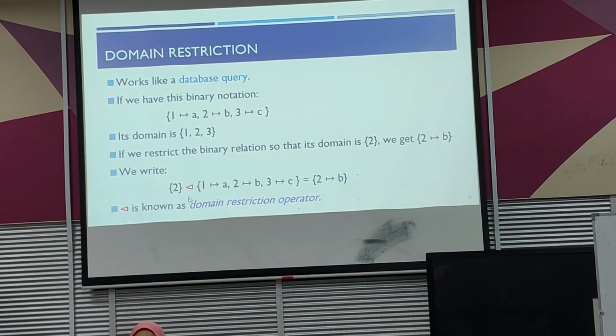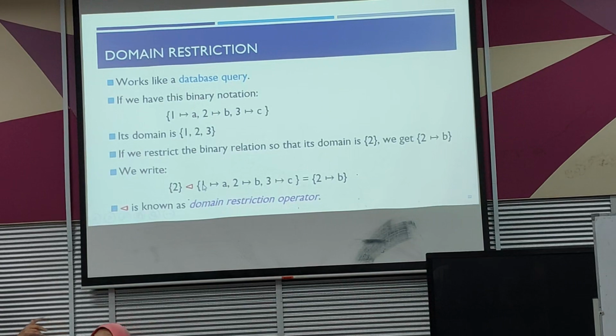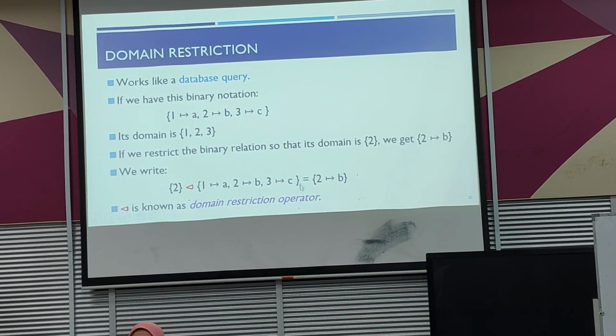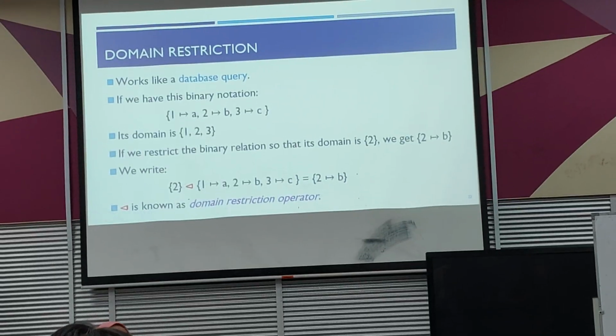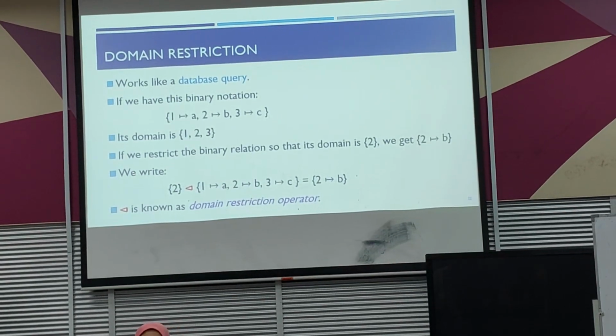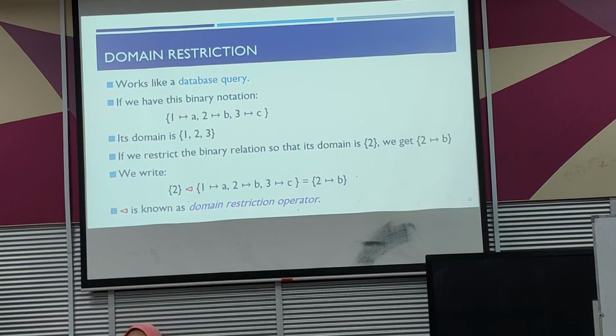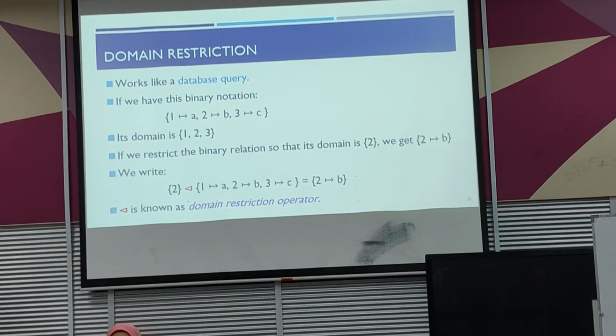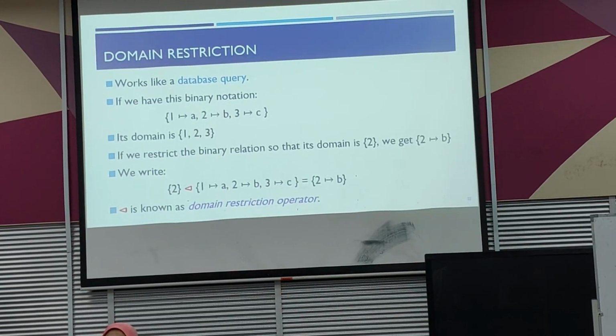And if that ID is actually inside the whole data, then it produces the result with both domain and range. This is domain restriction.